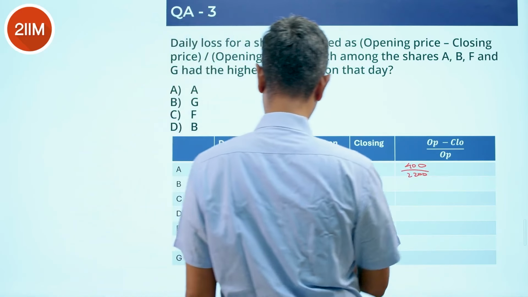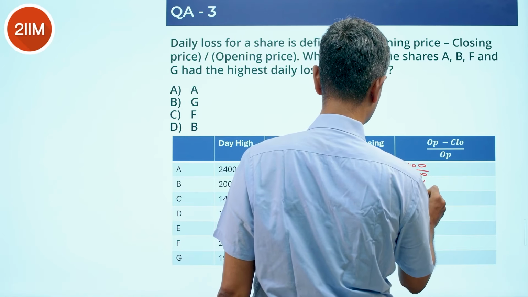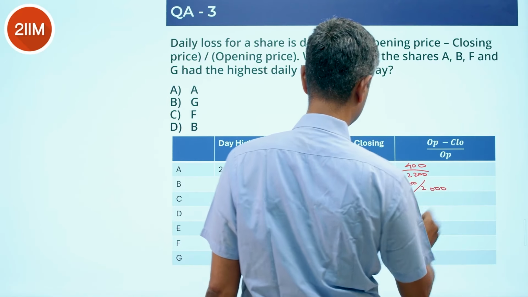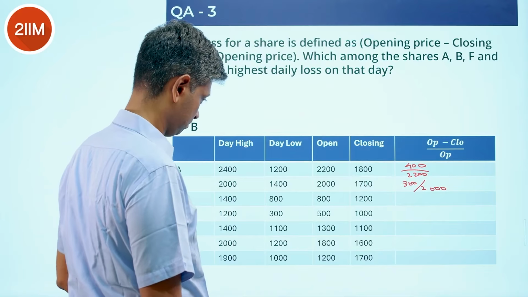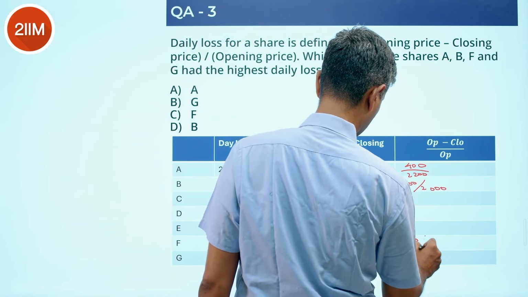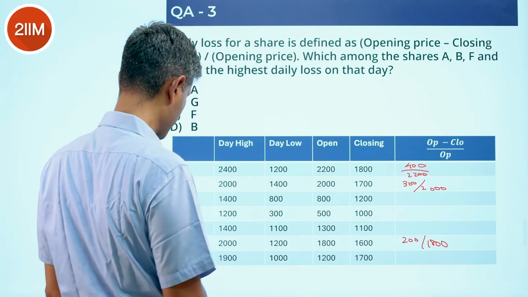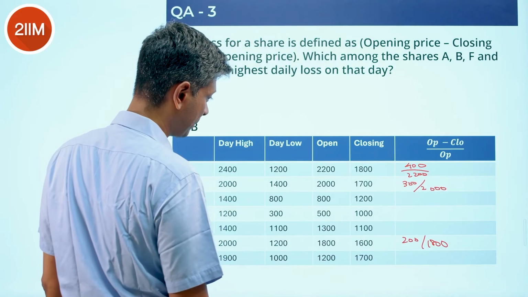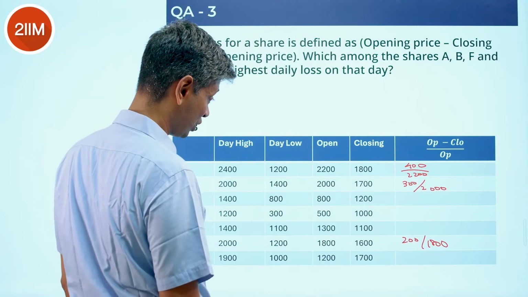B is opening minus closing is 300 by 2000. F, opening minus closing 200 by 1800. G, opening minus closing, G is negative, had the highest daily loss.